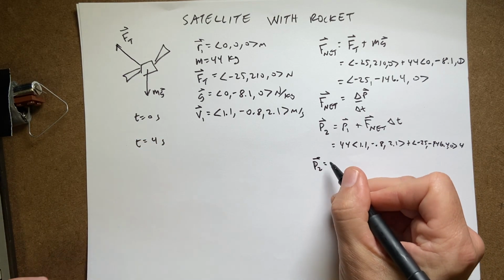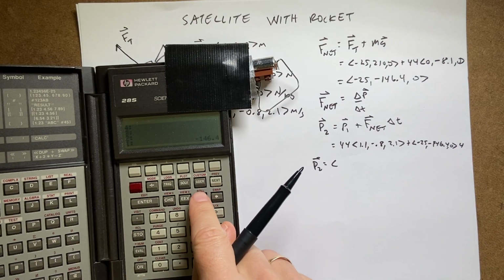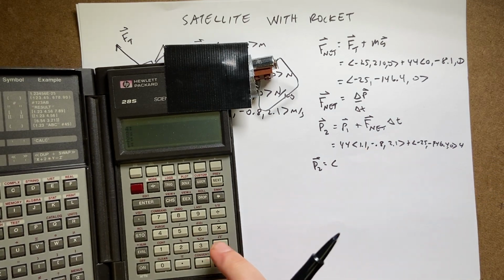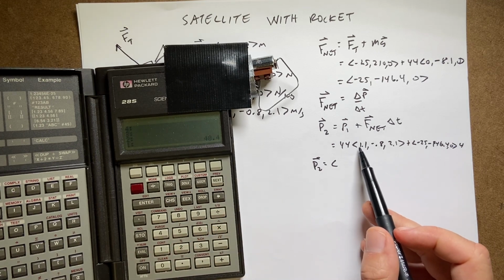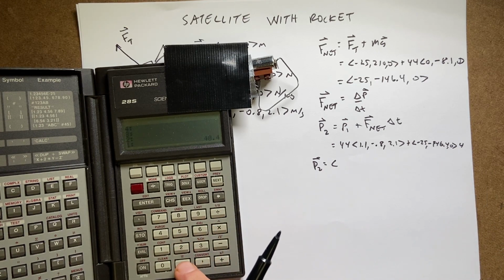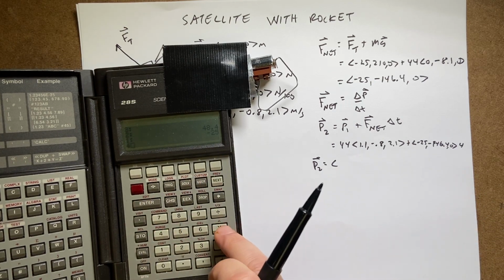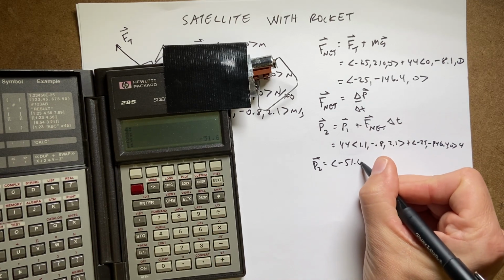So I can get the final momentum now. P2 equals. Okay, let's first do the x-coordinate. So the x-coordinate is going to be equal to this, 44 times 1.1. Then I need to add this, negative 25, 4 times. That's 100, I should have known that. And then add that. And I get negative 51.6.